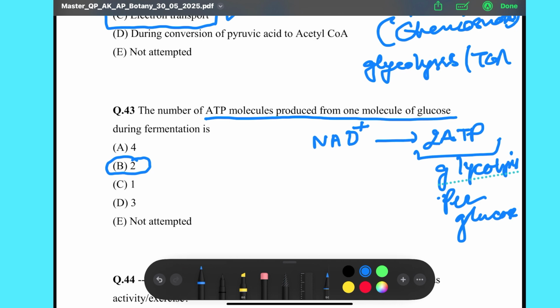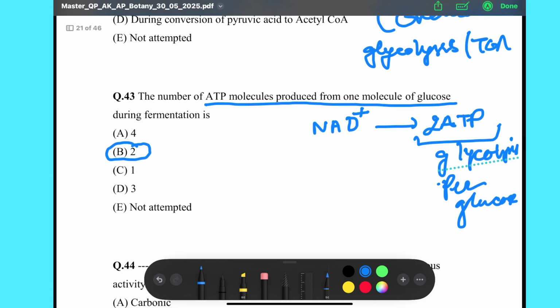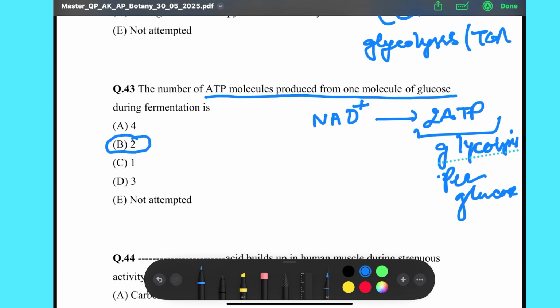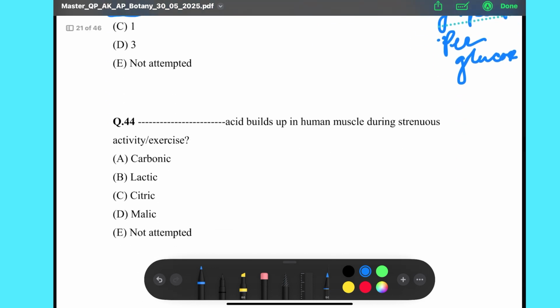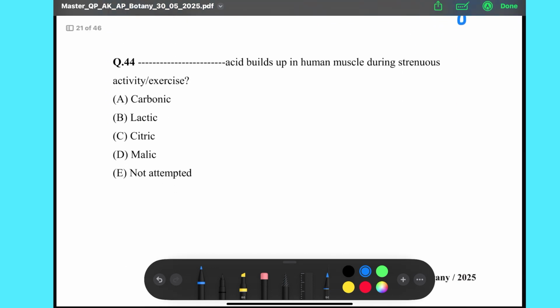No additional ATP from the fermentation step. So the number of ATP molecules produced from one molecule of glucose during fermentation is only 2. Now move to question number 44.